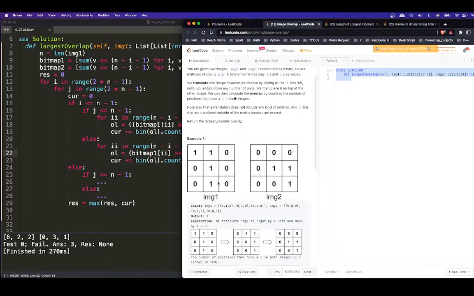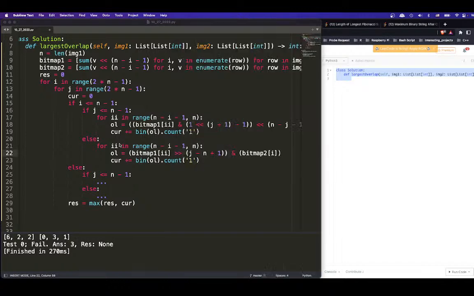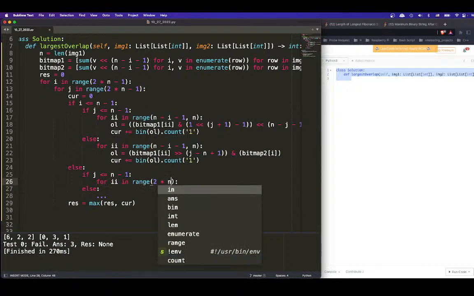So 6 minus 3 is 3, 3 minus 1 is 2. Go here, it'll be 0, 1. So this will be 4. I ranges from the start to 2 times n minus I minus 1.